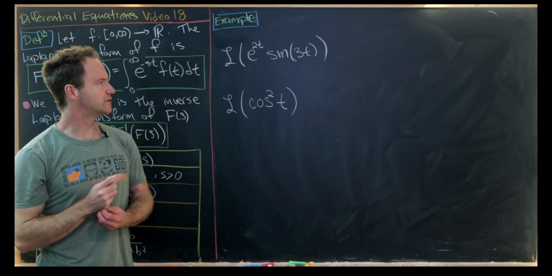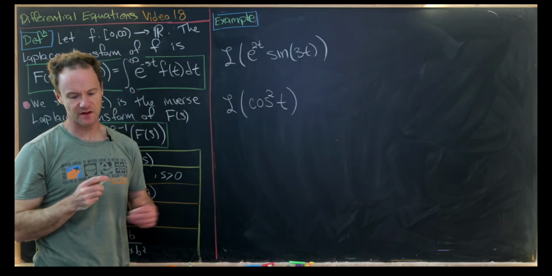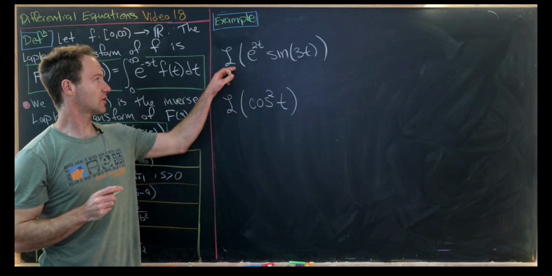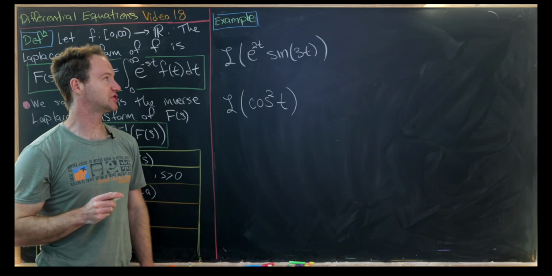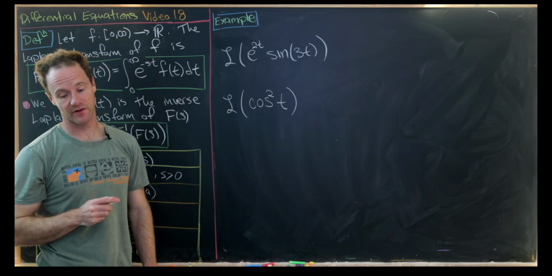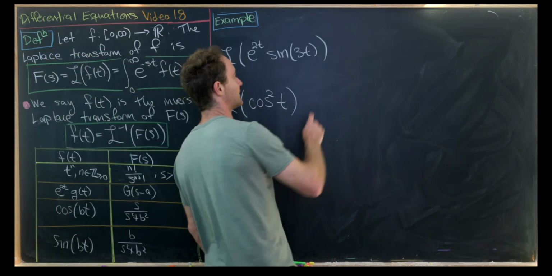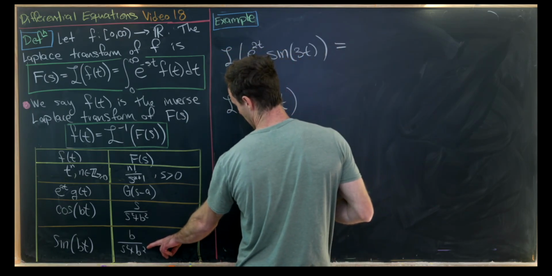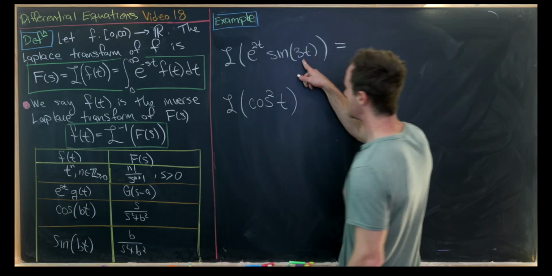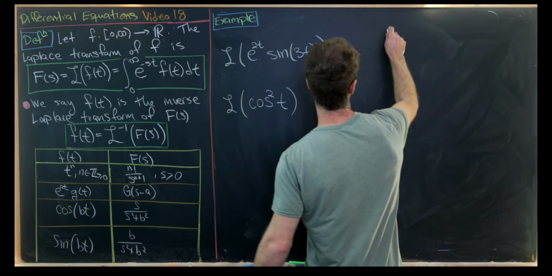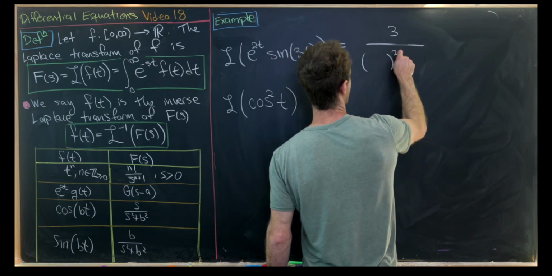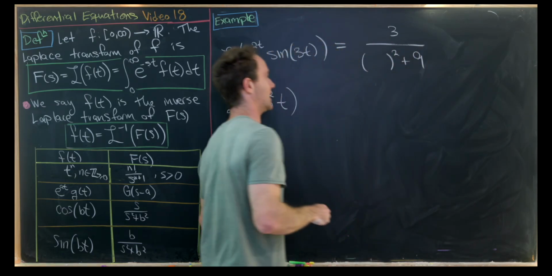So let's look at two examples of Laplace transforms, and then we'll do an example of an inverse Laplace transform. So let's start with the Laplace transform of e to the 2t times sine of 3t. So the fact that we have a sine of 3t here means we should follow this format here. So the role of b is being played by 3. That'll give us a 3, and then we'll have something squared plus 3 squared, which is 9.